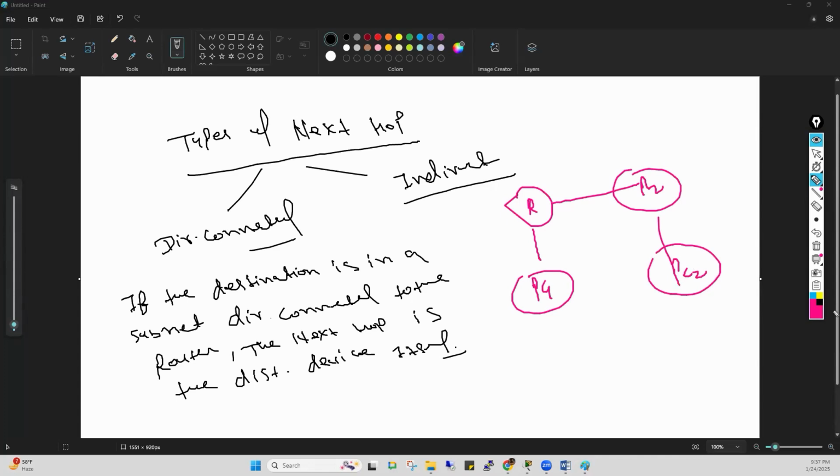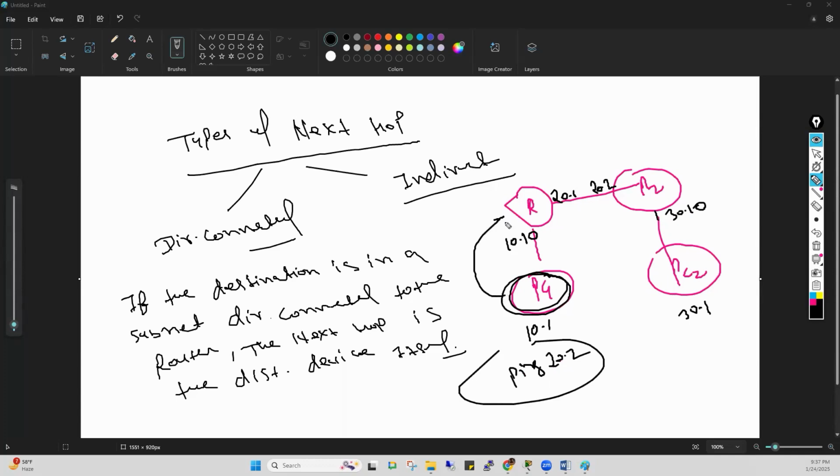Now tell me one thing. If you want to ping this, here you are using, for example, 10.1, here 10.10, here 20.1, here 20.2, and here, for example, 30.10 and 30.1. For example, from this PC you want to ping 20.2. The packet will reach the router. This router already knows where 20.2 is, because the 20 network is directly connected here.